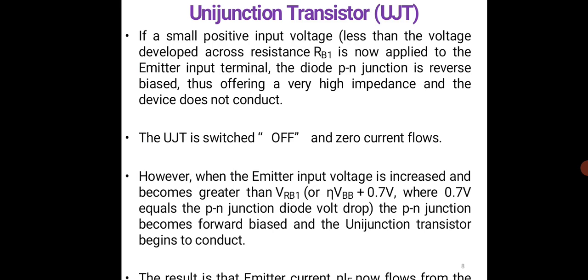However, when the emitter input voltage is increased and becomes greater than VRB1, that is, about eta VBB plus 0.7 volt, where 0.7 volt equals a PN junction diode voltage drop, the diode becomes forward biased and the UJT will start conducting. The result is that emitter current will flow.